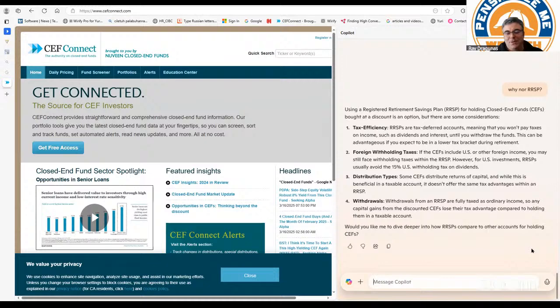So first, I guess where the double dip occurs is you're getting the discount. That's the first dip, and the second dip is not being withheld 15% on the withholding tax. So I have to agree, it is a double dip. In fact, you can almost say triple dip because the discount from the net asset value ends up paying for the management expense ratio, MER, which everybody's very sensitive about.